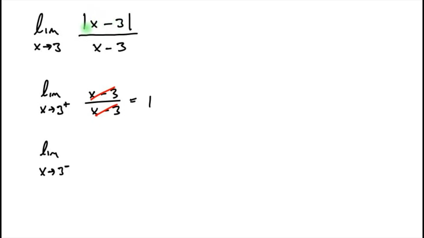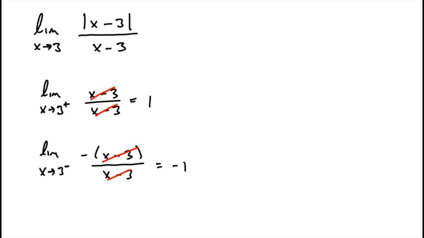So any value of x that's less than 3 is going to make that numerator expression negative, but the absolute value expression has to flip it to positive. So how do we do that? We multiply that whole expression by a negative, and that's going to turn the negative value into a positive. Everything else stays the same. So again, we can cancel out these x minus 3 pieces, and this time we just get negative 1.